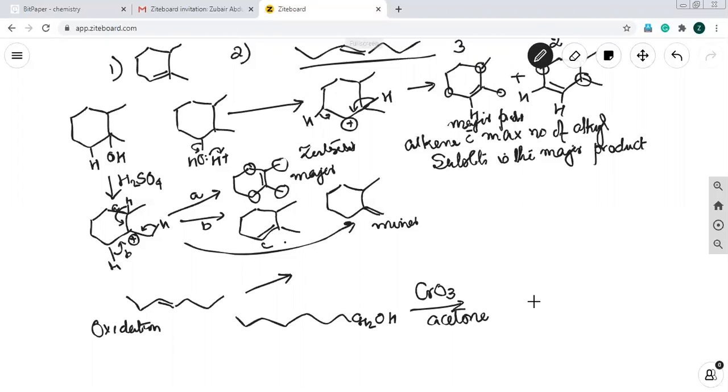Or sodium dichromate in water, or Na2Cr2O7 and water and sulfuric acid, not water. Sodium dichromate in aqueous sulfuric acid, H2SO4. You will get the corresponding acid.